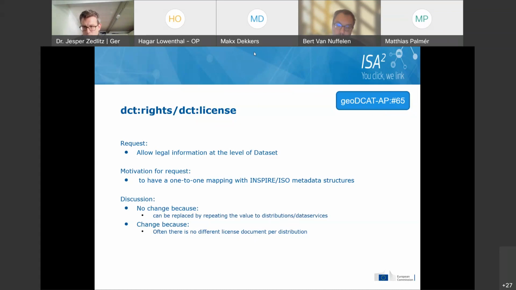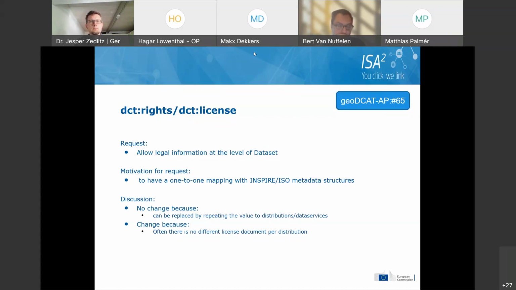Okay, but that's another discussion. Well, it could be that you have a PDF and an XML distribution, for example, where you have different licenses for them, because you can do more things with an XML, so you might have a more restrictive license. I think there are cases that you could imagine.